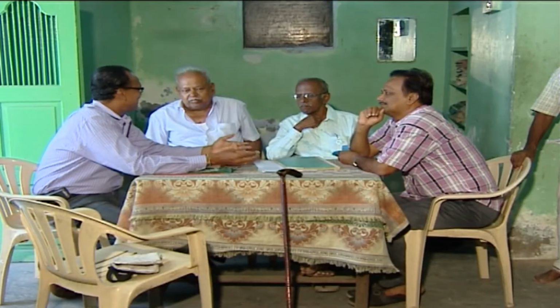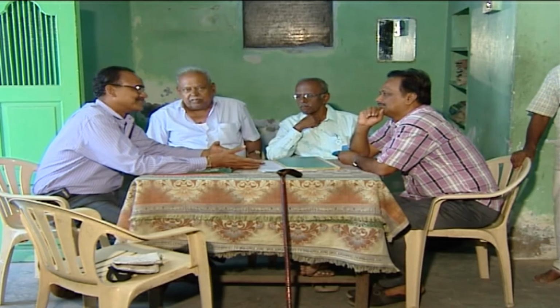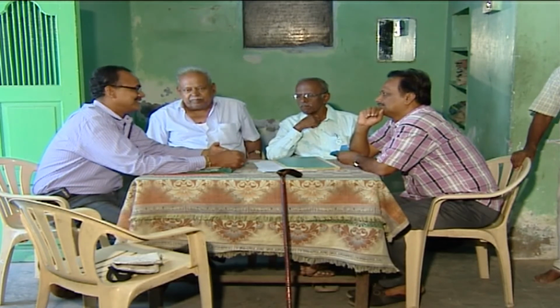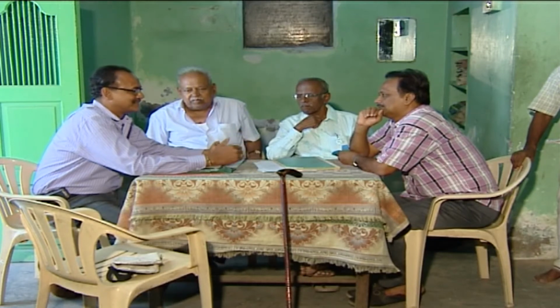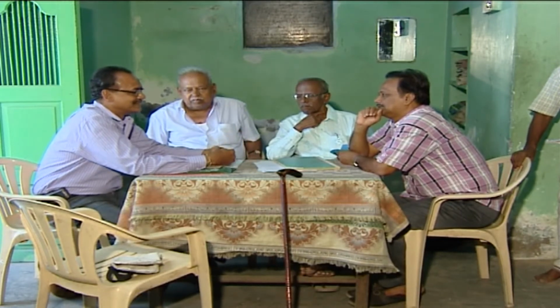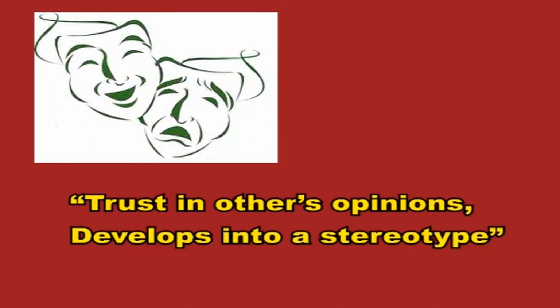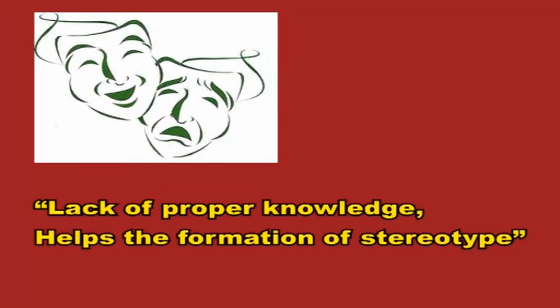Let us see the development of stereotypes. From the examples, we understand that persons are easily influenced by the opinions of others. This trust in others' opinions develops into a stereotype. We may also say that lack of proper knowledge helps the formation of stereotypes.